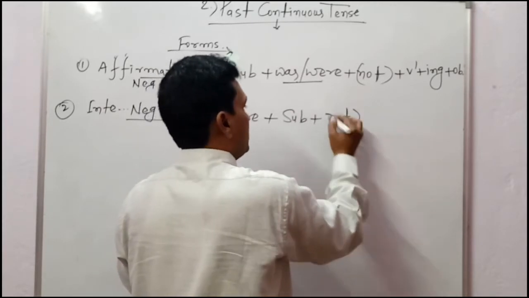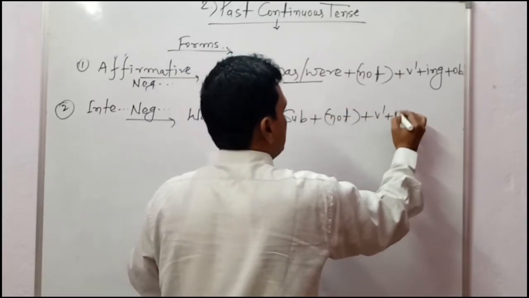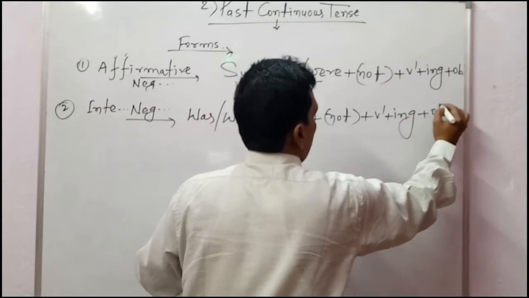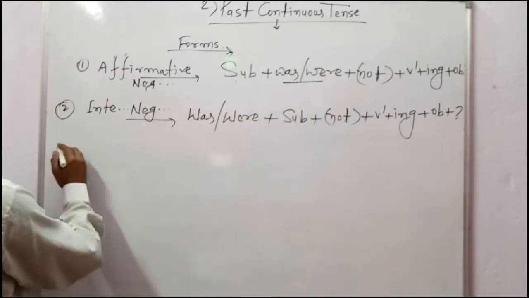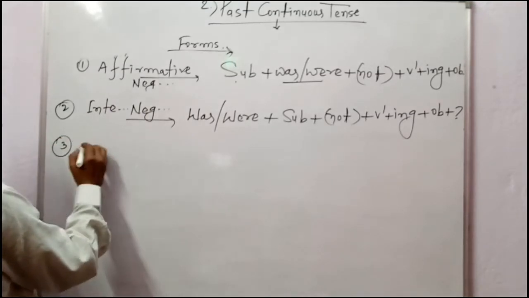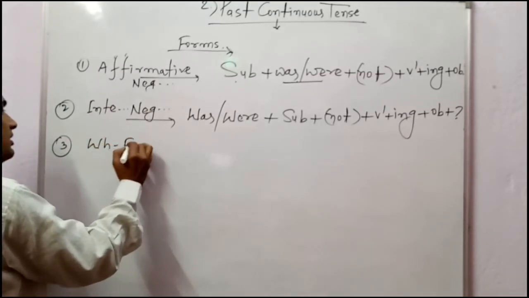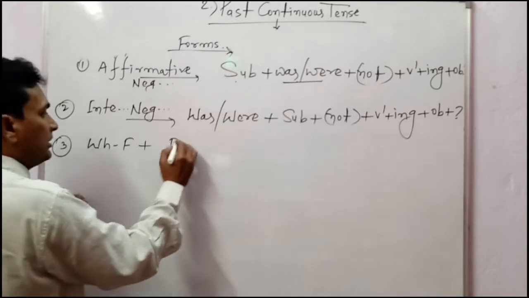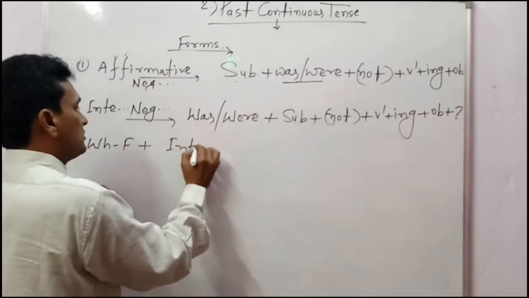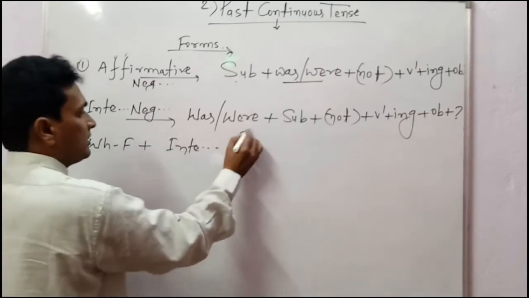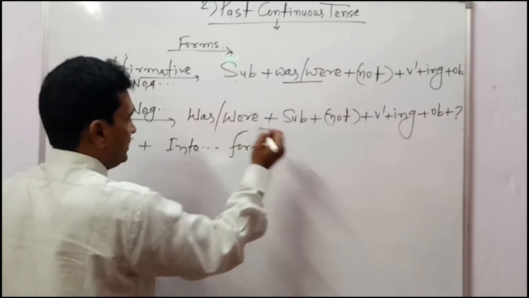So not under bracket plus v1 plus ing plus object, and at last you have to add what? Question mark, right? The third one is WH family, and plus you have to apply the same interrogative form from the beginning to end. So WH family plus interrogative form, right?